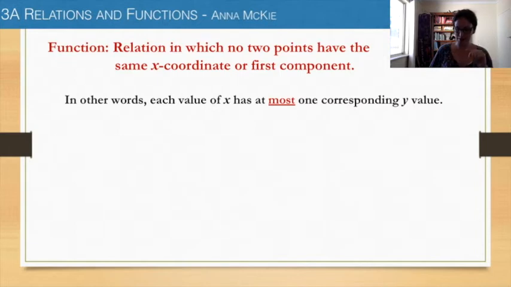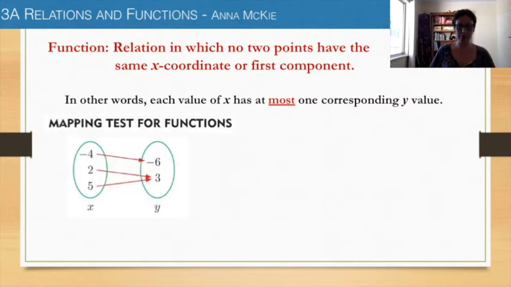Let's go on to some examples. The mapping test that we could do for functions: what is our condition? We have at most one y value. Does that match here? Here's an x value, it's got a y value. Here's an x value, 2, its y value is 3. X value of 5, y value of 3. You might be wondering, hang on, that 3 has doubled up.